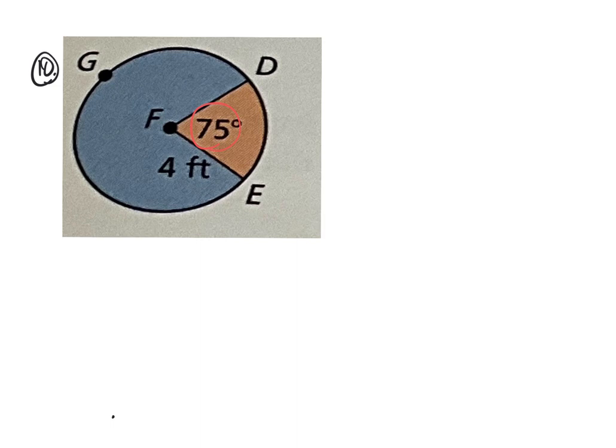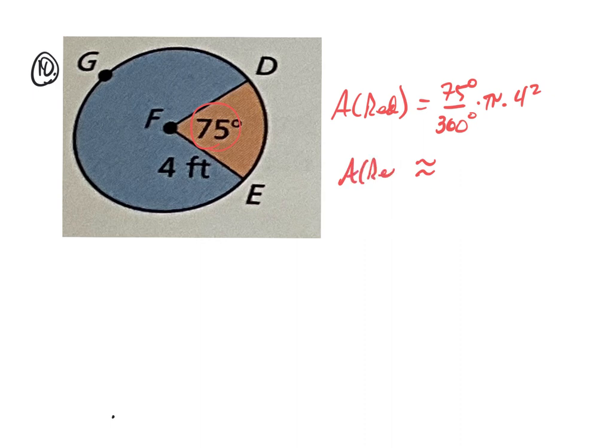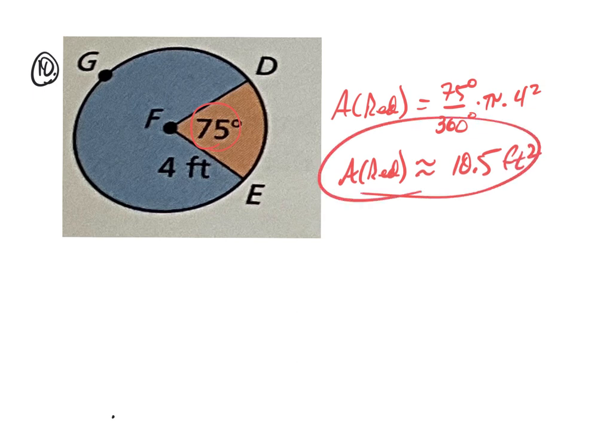And this time the radius is 4, so times 4 squared. And once again, we just move to our calculator, 75 divided by 360, multiplied by pi, and multiplied by 4 squared. And we should get approximately, for the area of the red sector, 10.5 square feet.